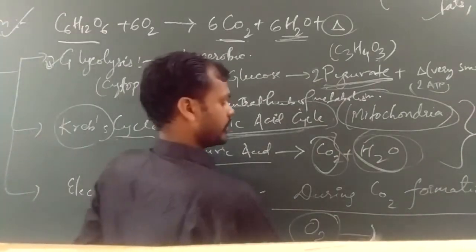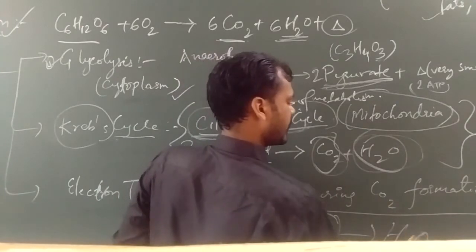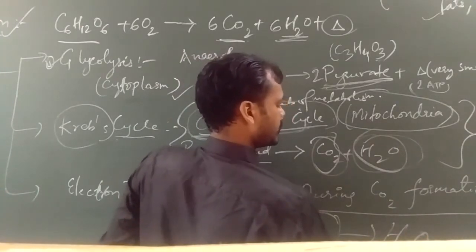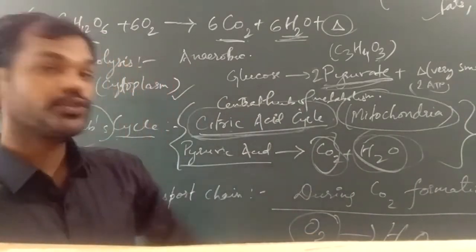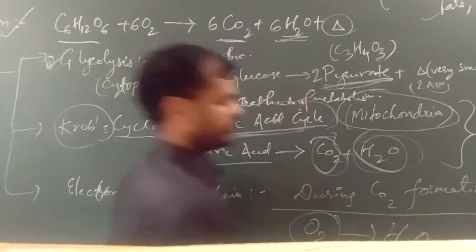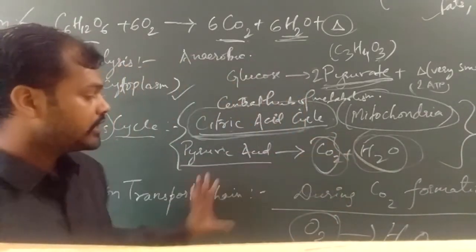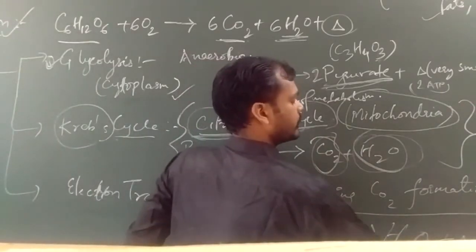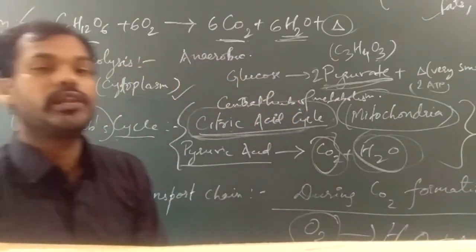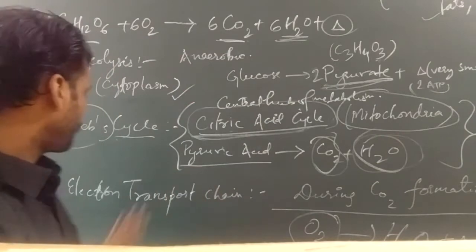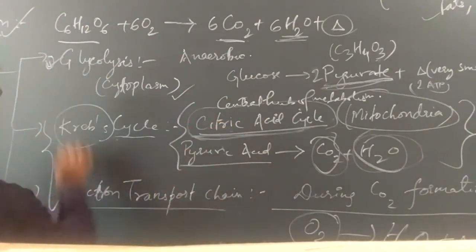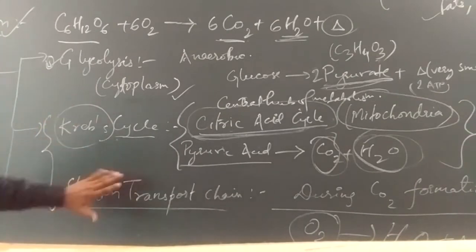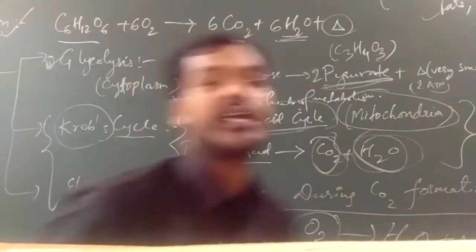These oxygen molecules are reduced to water, and in this process a large number of ATP molecules are released. This process depends on the Krebs cycle.